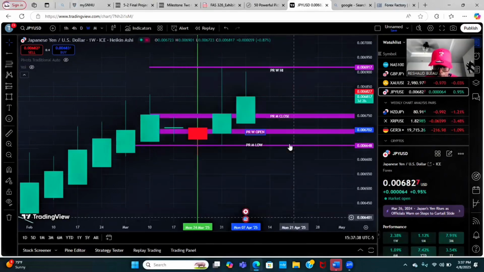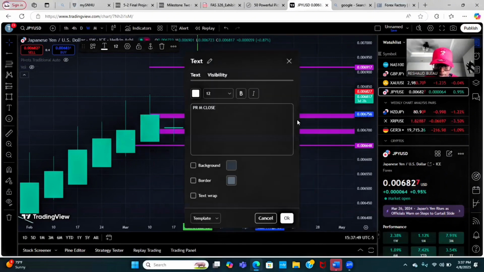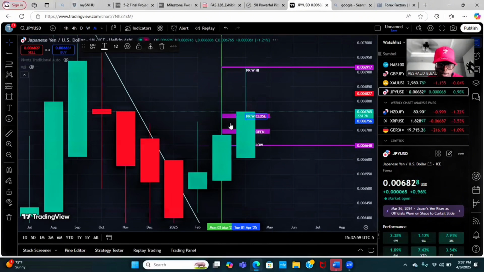So just switch everything around. Previous weekly low, previous weekly, previous monthly, previous close. Okay, and let me go back to my one because I was on the week. So that's the week. This is the month we're going off of.